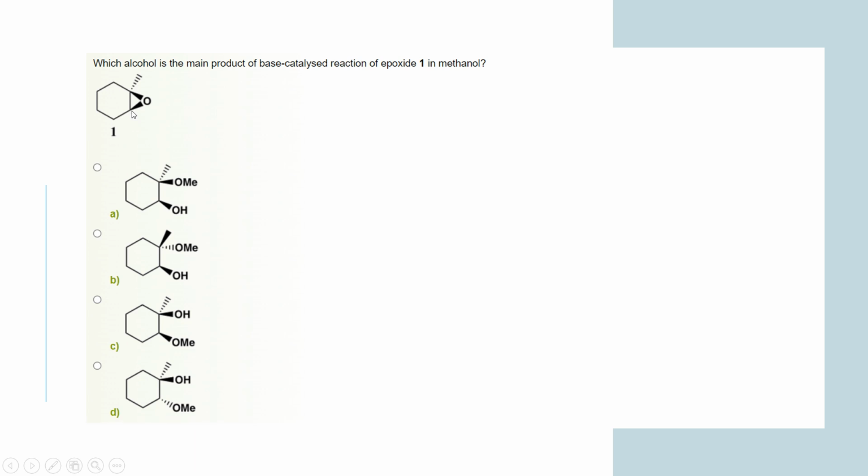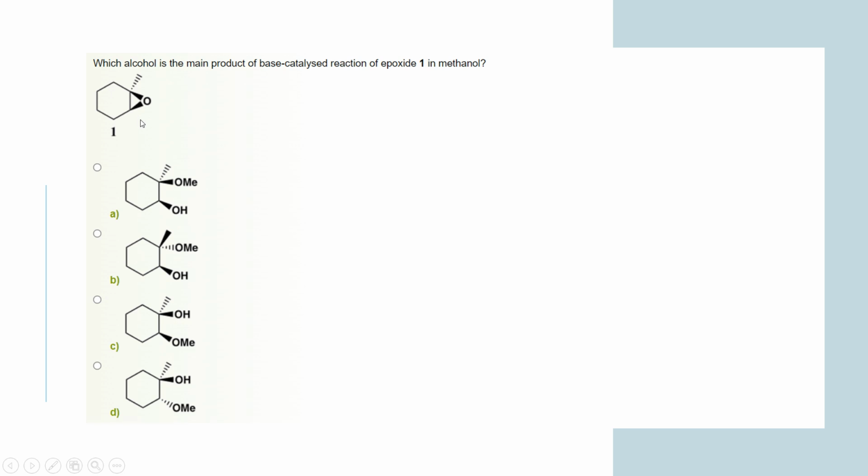Since there is no question of formation of carbocation, the methoxide ion will attack from the least sterically hindered position. So definitely this below side will be the preferred position. Now you know both the face of the attack and position of the attack.